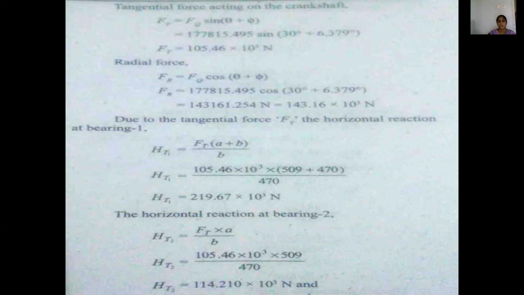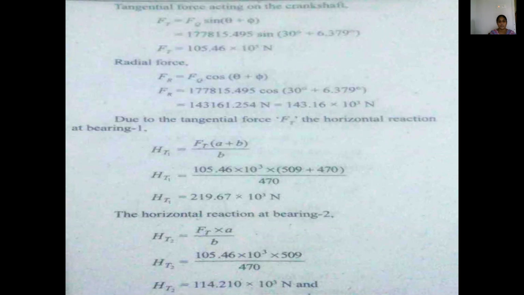Next, due to tangential force Ft, the horizontal reactions at bearing 1: Ht1 is equal to Ft into A plus B by B. Ht1 is equal to 105.46 into 10 cube into 509 plus 470 by 470.